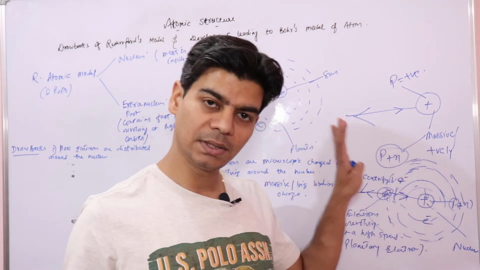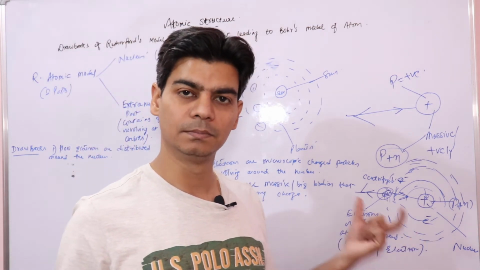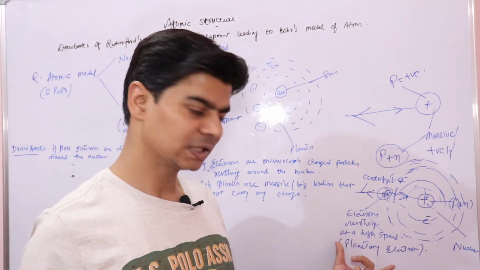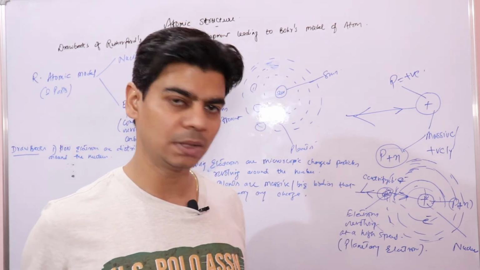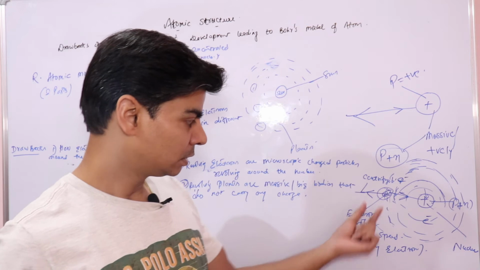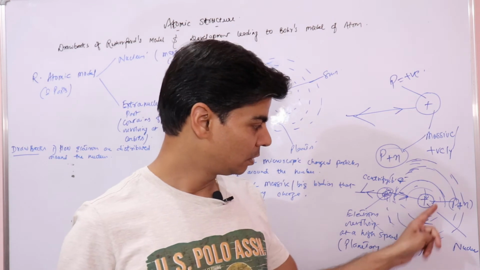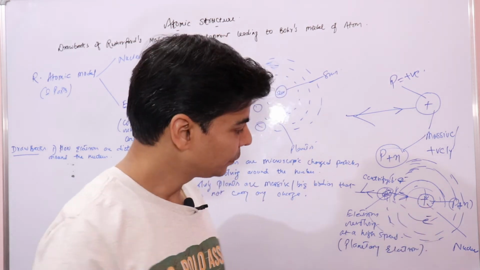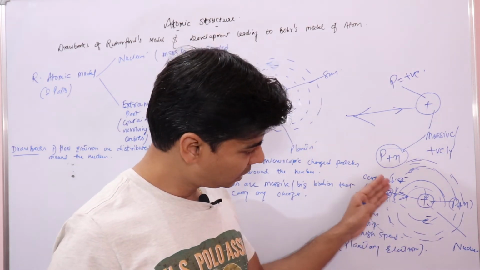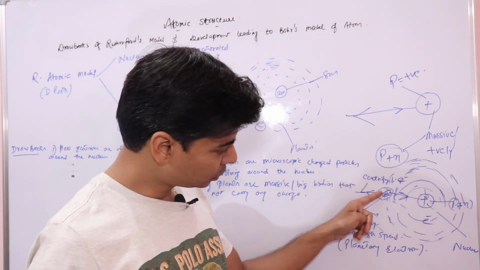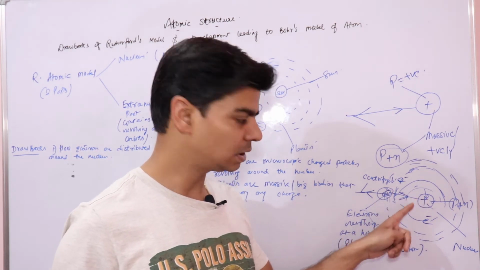But today we know that the atom is stable, right? So the stability of the atom could not be explained by Rutherford, because as per Maxwell, Newtonian laws of motion are not applicable to revolving electrons, and as this is a charged particle moving under the force of the positively charged nucleus, ideally these negatively charged electrons should keep losing energy, keep falling into the inner orbits and finally spiral into the nucleus, thus destroying the atom.